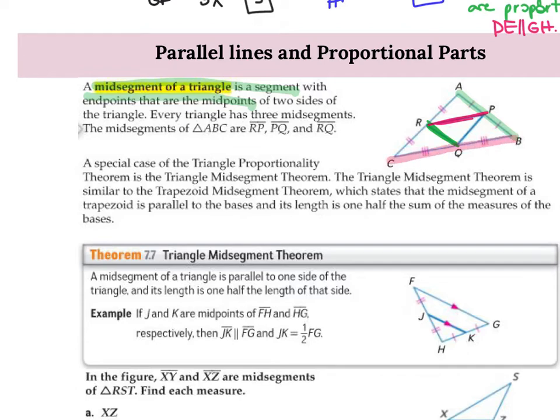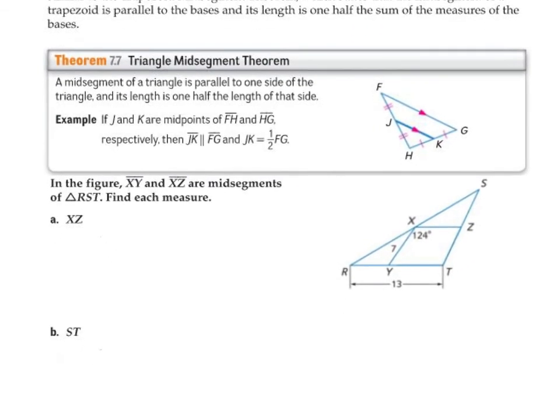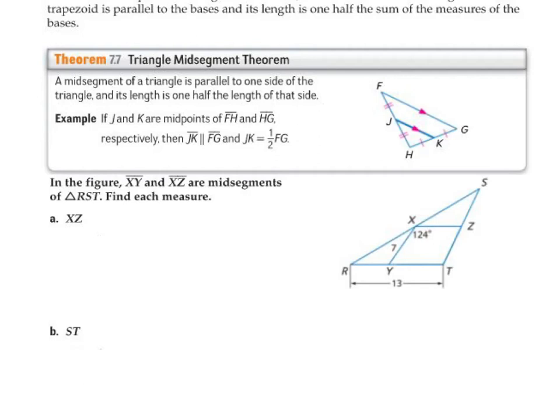Okay, and we know that these are mid-segments because if you look at your endpoints, they cut the opposite segments, or those portions, in half. Okay, so the triangle mid-segment theorem states that a mid-segment of a triangle is parallel to one side of the triangle and its length is 1/2 the length of that side.